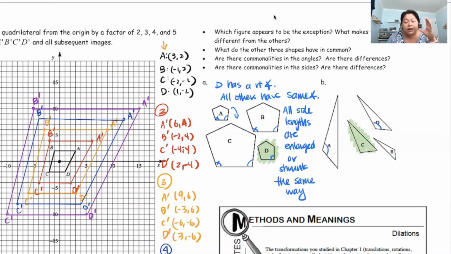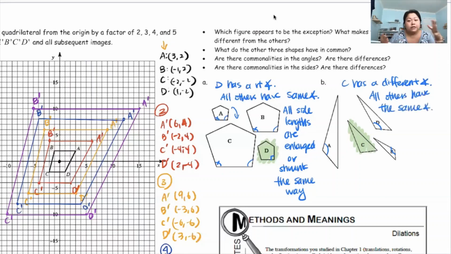It's the same angle as angle D here, and the same angle here in triangle B. The only one that doesn't have that giant obtuse angle is this angle C. It has an obtuse angle, but it's not as extended and not as big. So that one has a different angle, okay? So I would say C has a different angle. All right, same answer as before. All others have the same angle.